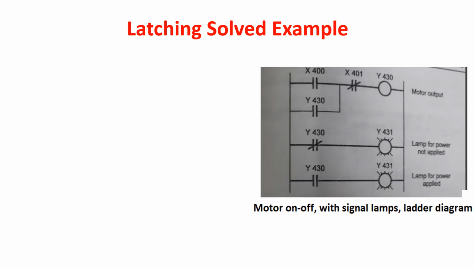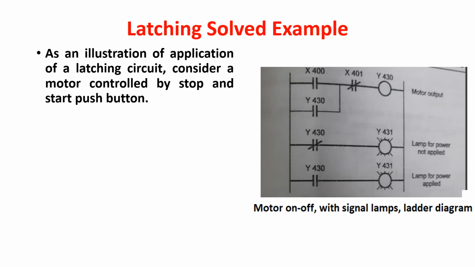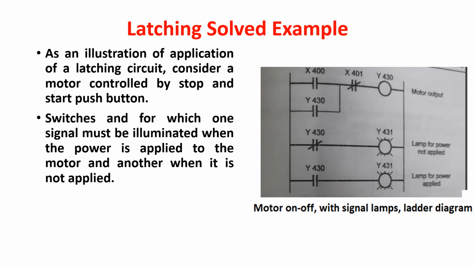Let us discuss a latched solved example. As an illustration of application of a latching circuit, consider a motor controlled by stop and start push button switches, and for which one signal must be illuminated when the power is applied to the motor and another when it is not applied. The figure shows a ladder diagram with Mitsubishi make PLC notations.